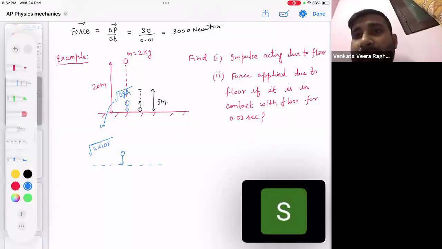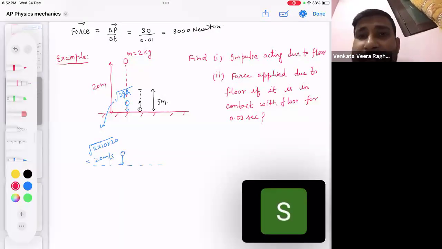So under root of 2, g, let's take it 10, and height is given 20. So can I say before striking the ground, its velocity is 20? After striking the ground, with what velocity it will rebound? So maximum height is given, isn't it? Maximum height is given in the question.